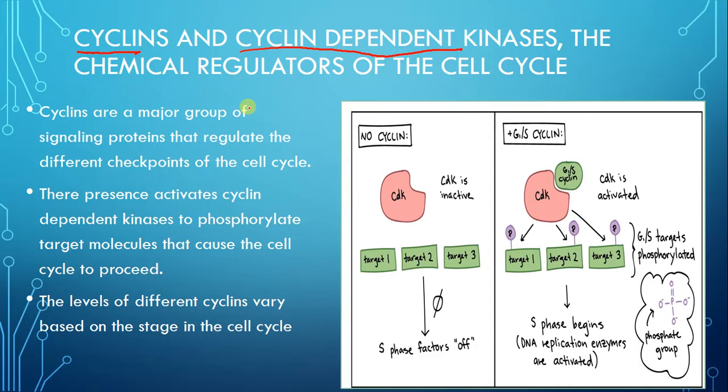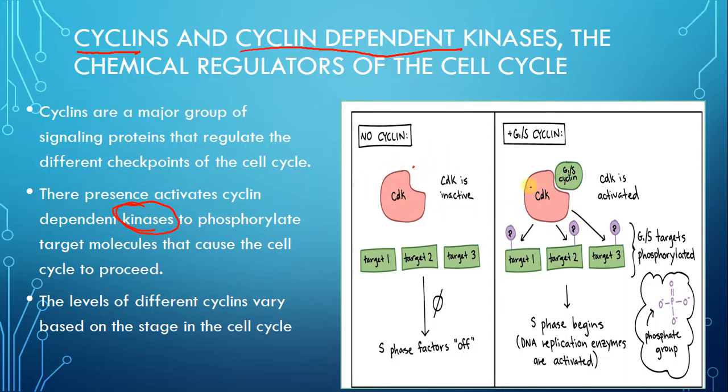So cyclins are a major group of signaling proteins that regulate the different checkpoints of the cell cycle. Their presence, so having the presence of a cyclin, activates a cyclin-dependent kinase, or CDK. Remember, kinases phosphorylate different molecules.